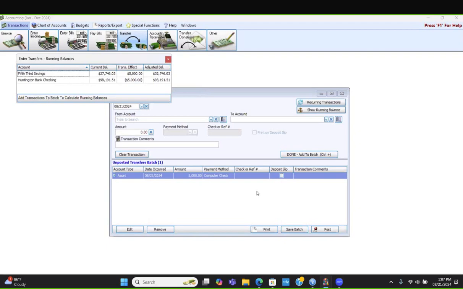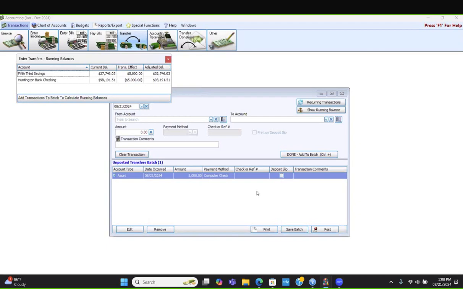So the caveat to the transfers function, folks, again, as long as they're accounts of the same type, so asset to asset, liability to liability, fund to fund, income to income, or expense to expense, the transfer transaction will work for you. That's the key: it's always going to require that you transfer money from one account to another account of the same type.